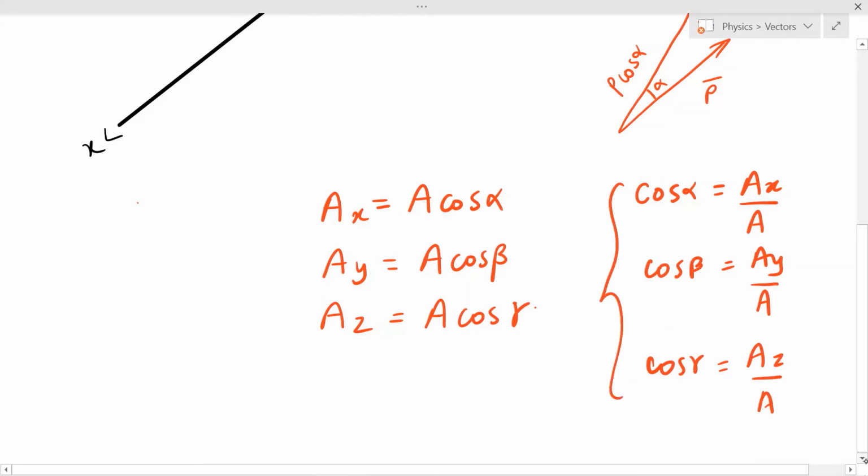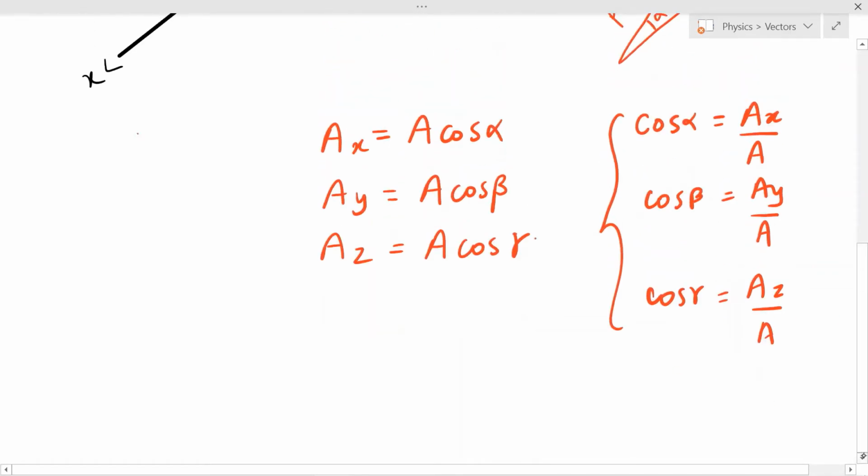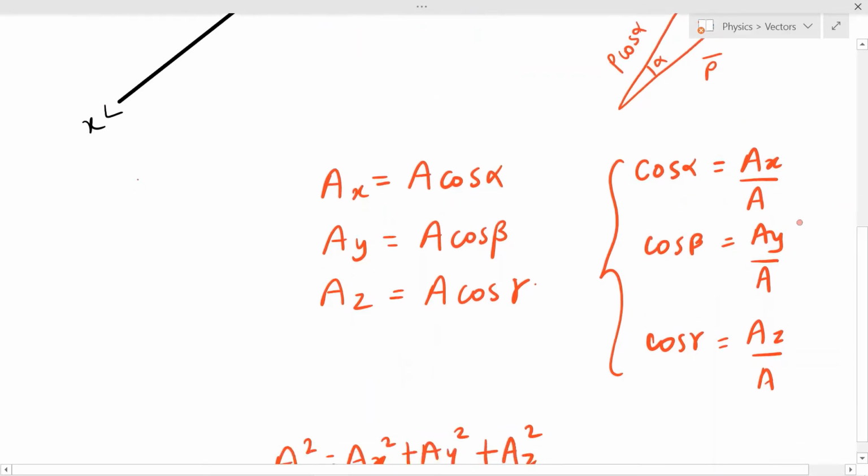So now I know this expression, that is A square is equal to AX square plus AY square plus AZ square. Now AX, AY and AZ can be substituted from these.